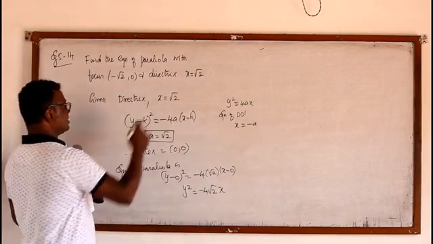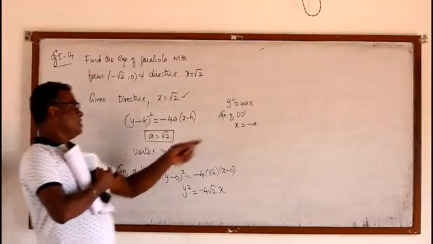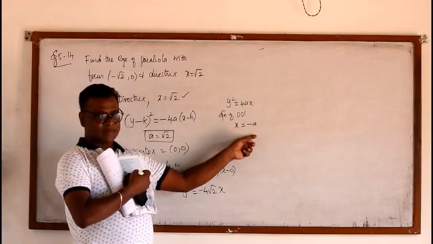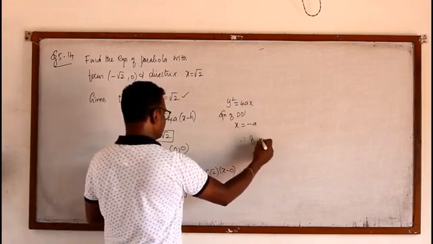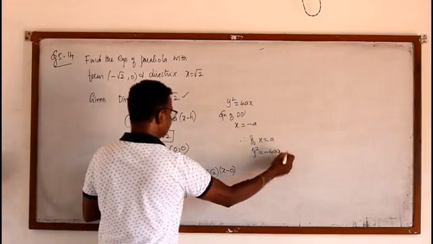Once again, try to understand: by knowing the directrix itself, we can write the equation of the parabola. Y square equal to 4ax is the standard form with x equal to minus a. Therefore, if x equal to plus a, then the equation will be y square equal to minus 4ax.